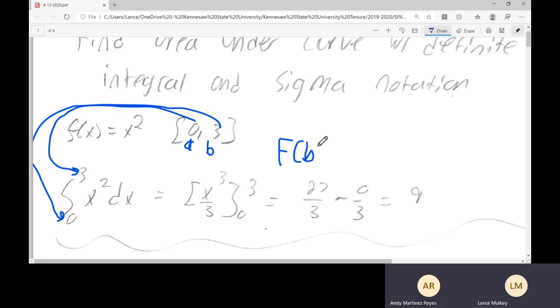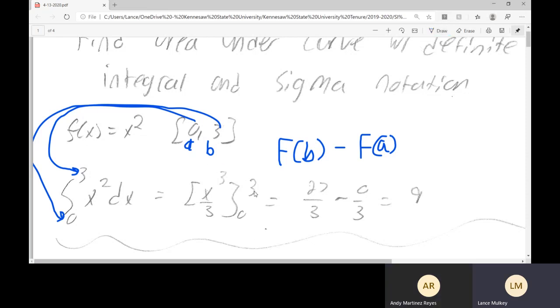Are you supposed to fill in the x's one by one, or? All right. So little f, when you do a big F, that means it's the antiderivative of little f, correct? Mm-hmm. Okay.